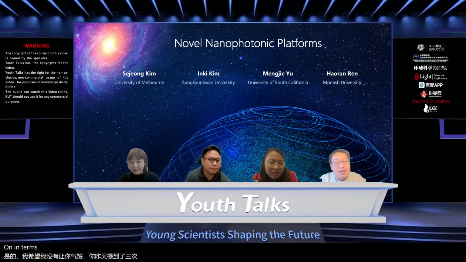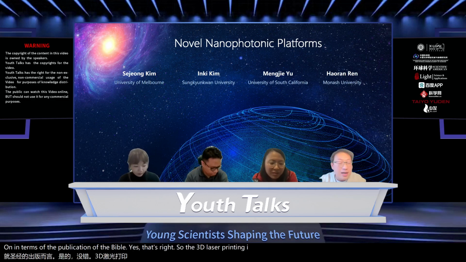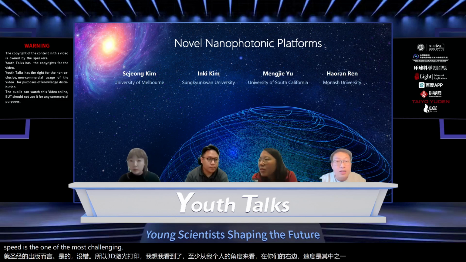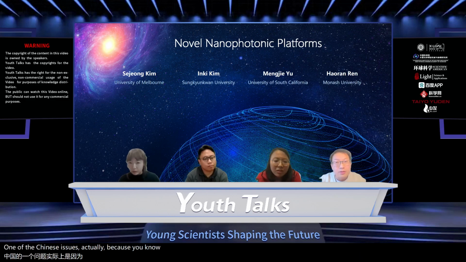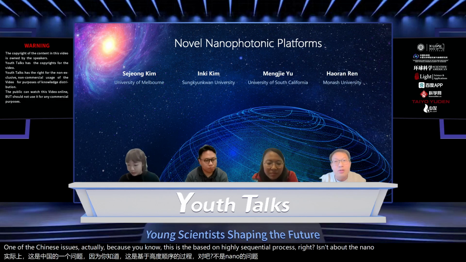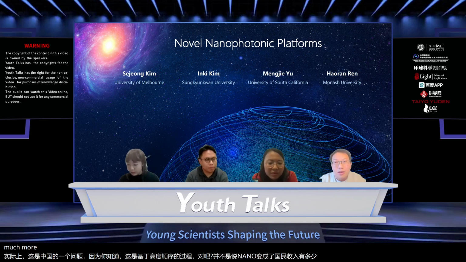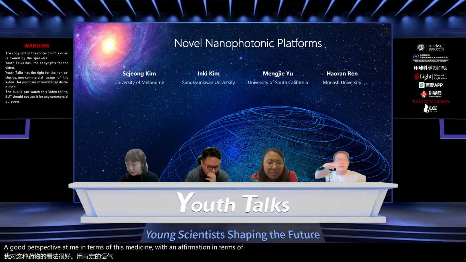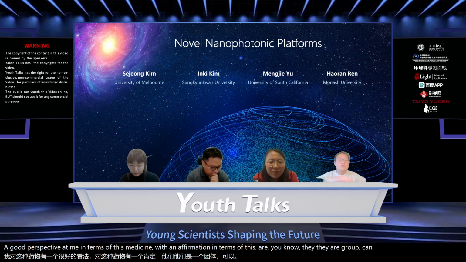In terms of the fabrication on the fiber, yes, that's right. For 3D laser printing, from my personal perspective, you are right. The speed is one of the most challenging issues, because this is based on a highly sequential process. It's not nano imprinting. I think Inki has a much better perspective than me on metasurface fabrication, as their group can do really large scale nano imprinting.